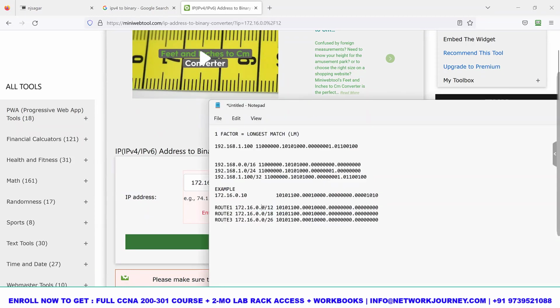If I take only this, what will happen? All the 3 results will look the same. So I'll just change something here, and let's say /26 is above /24. Let's make some changes here. Okay, this is done.